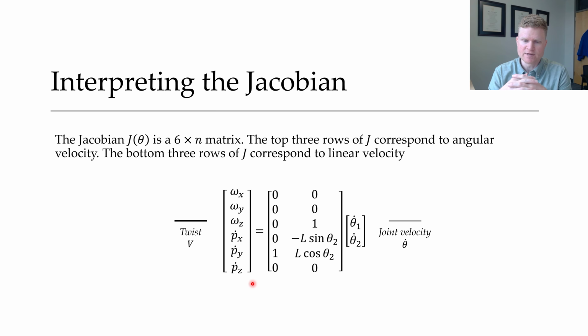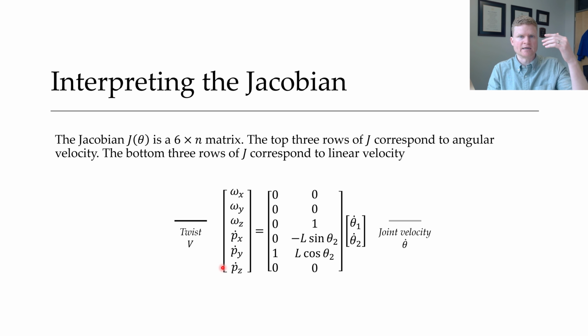That's my twist V. Now, we haven't thought about the twist in a little bit, but let's look at the different elements of that twist vector. First, it's got omega x, which is the angular velocity on the x-axis, and then similarly, it's got omega y and omega z to capture the angular velocities around the y and z axes. That's the first 3 elements of this twist. Now, the bottom 3 elements, those are my linear velocity.